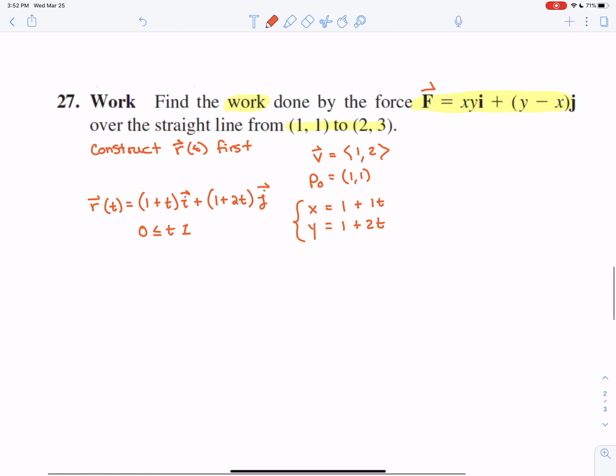Now, let's write the vector field in terms of the equation we just wrote.